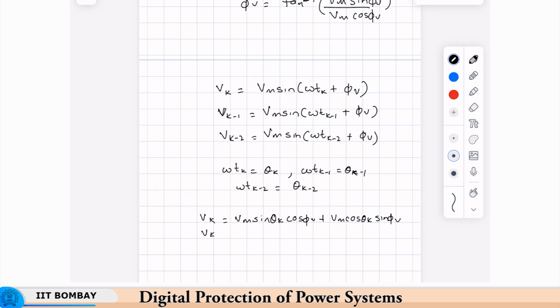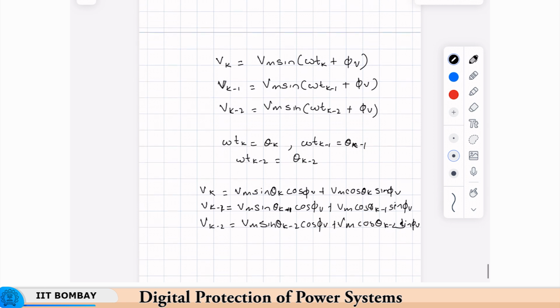Similarly, Vk minus 1 is Vm sin theta k minus 1 cos phi v plus Vm cos theta k minus 1 sin phi v, and Vk minus 2 is Vm sin theta k minus 2 cos phi v plus Vm cos theta k minus 2 sin phi v.